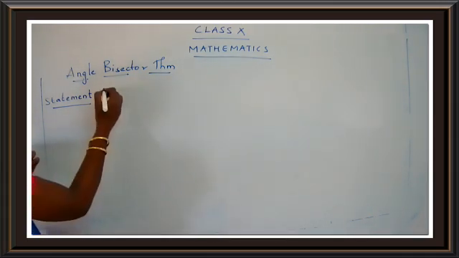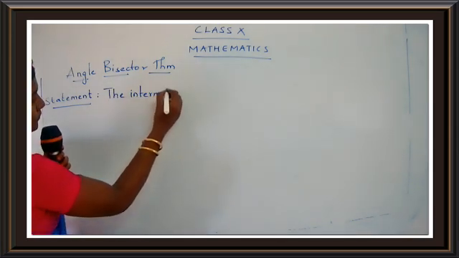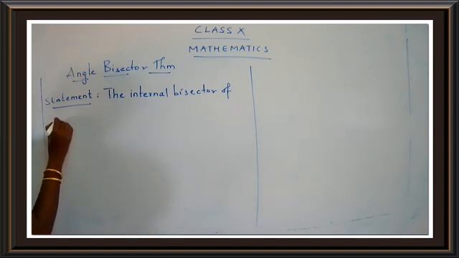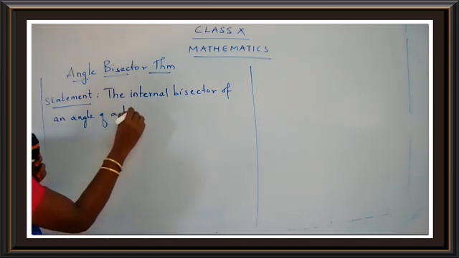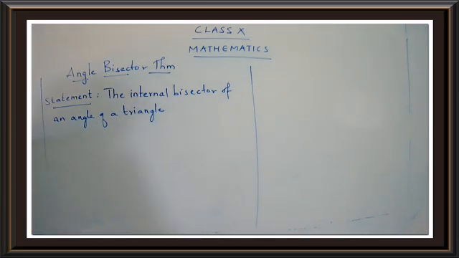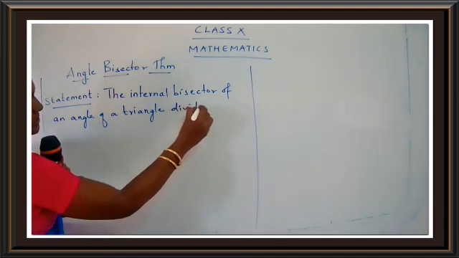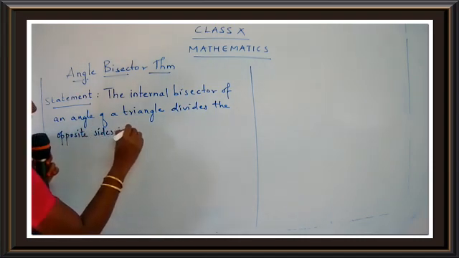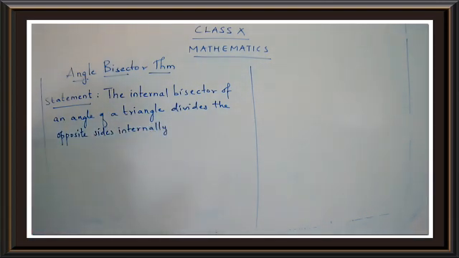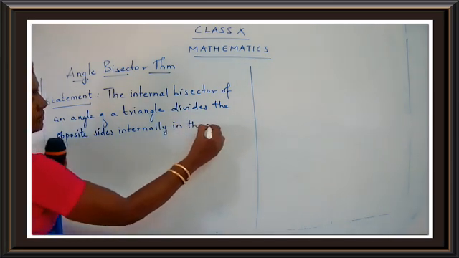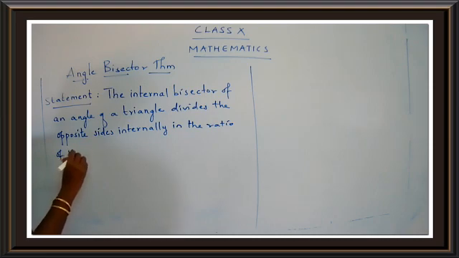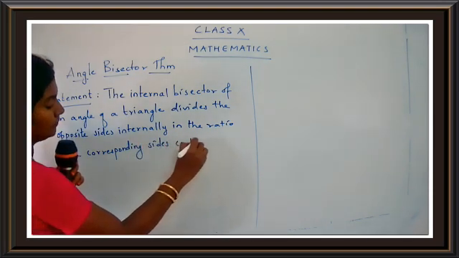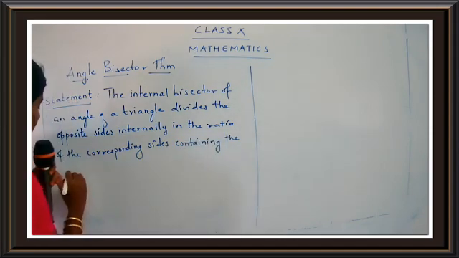The theorem statement: the internal bisector of an angle of a triangle divides the opposite side internally in the ratio of the corresponding sides containing the angle. So this is the statement.